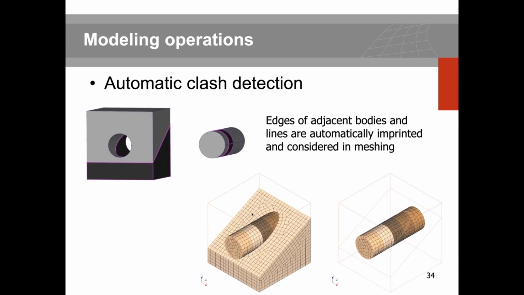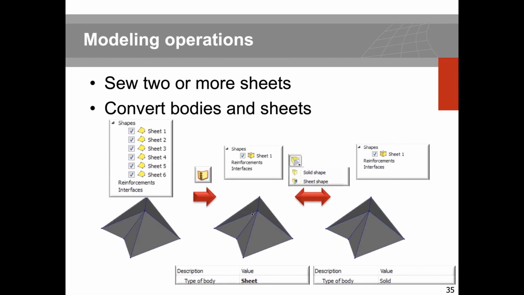For modeling, we are using auto clash detection, so you don't have to worry about nodal connectivities of the different components of your geometry interacting with each other. Diana automatically takes care of that for you, ensuring perfect continuity and connectivity for your mesh. There are other options in order to improve your geometry, such as combine sheets, or convert body and sheet.